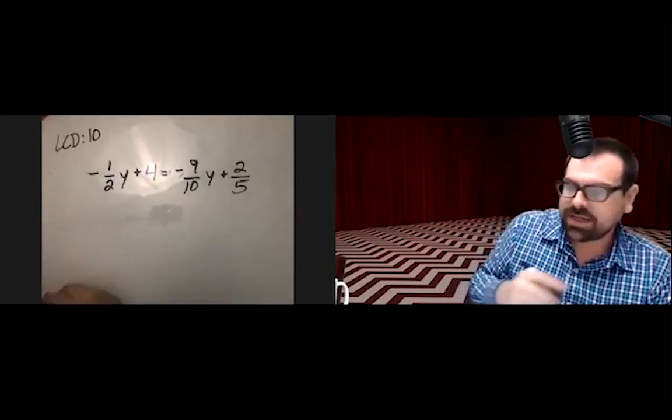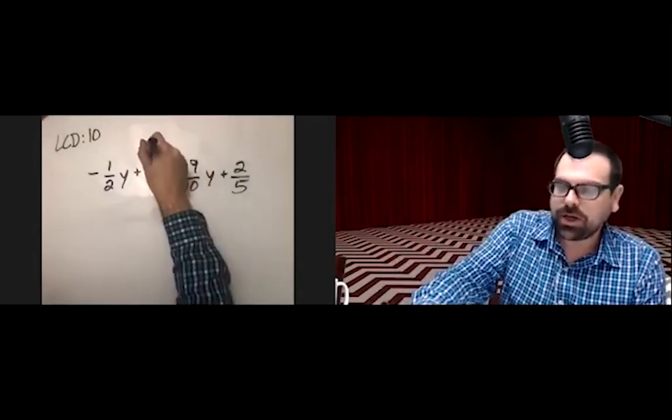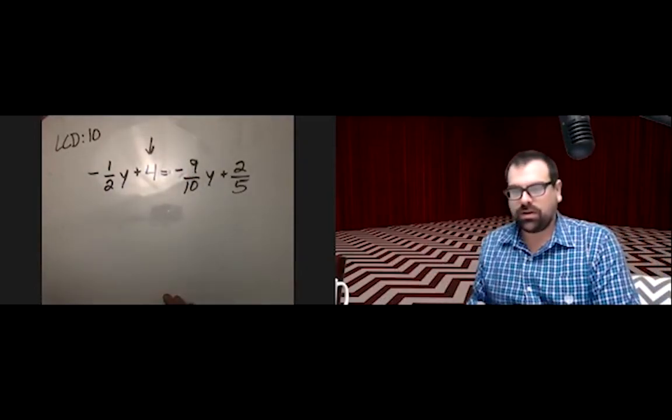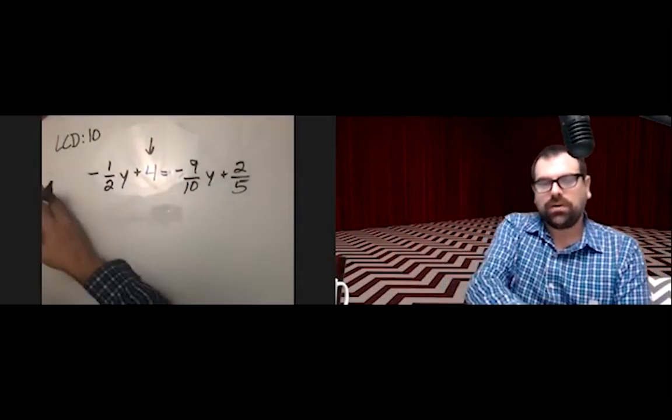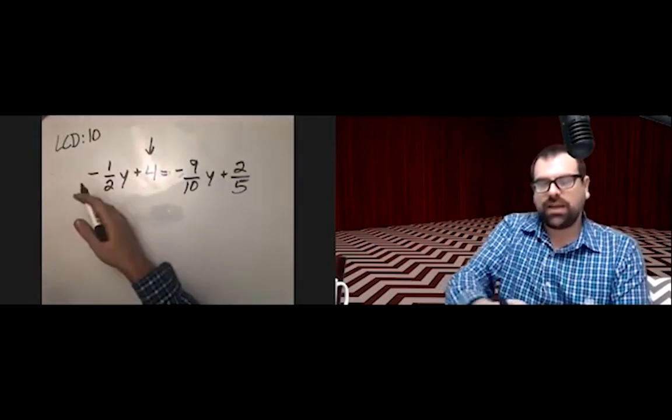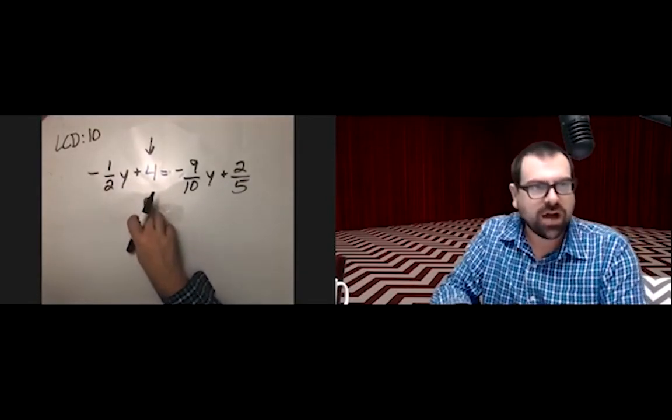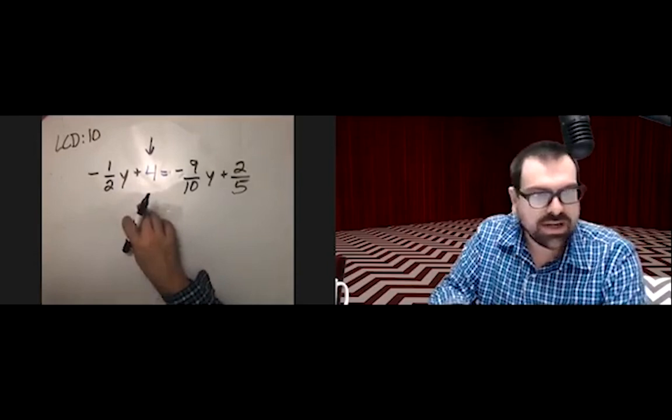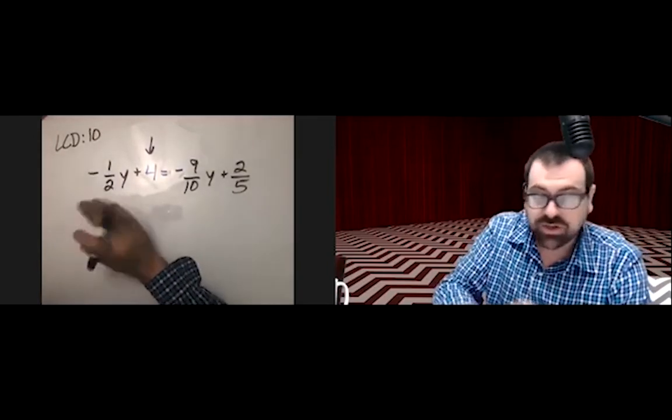I'm going to go ahead and put a times 10 in every term. I'm going to include this one. Because remember, 10 times the whole side would get distributed. Even if it's not a fraction, you still need to multiply your 10 by it. And if it is a fraction, it just goes in the top.